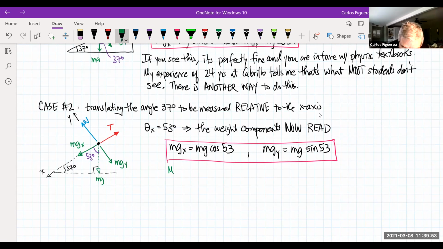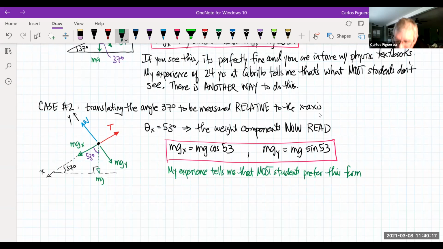So my experience tells me that most students, not all, most students prefer this form. So if you're of this form, your number one job is to change your angle so that it reads relative to the x-axis.